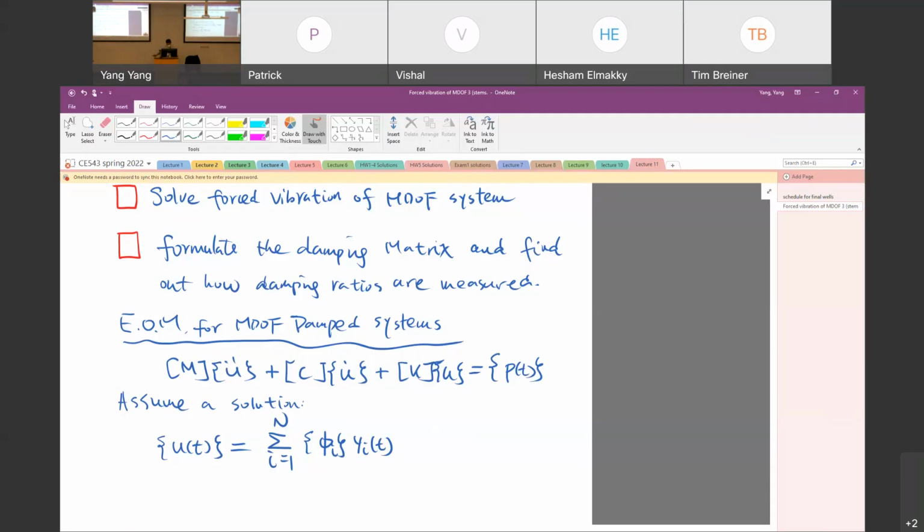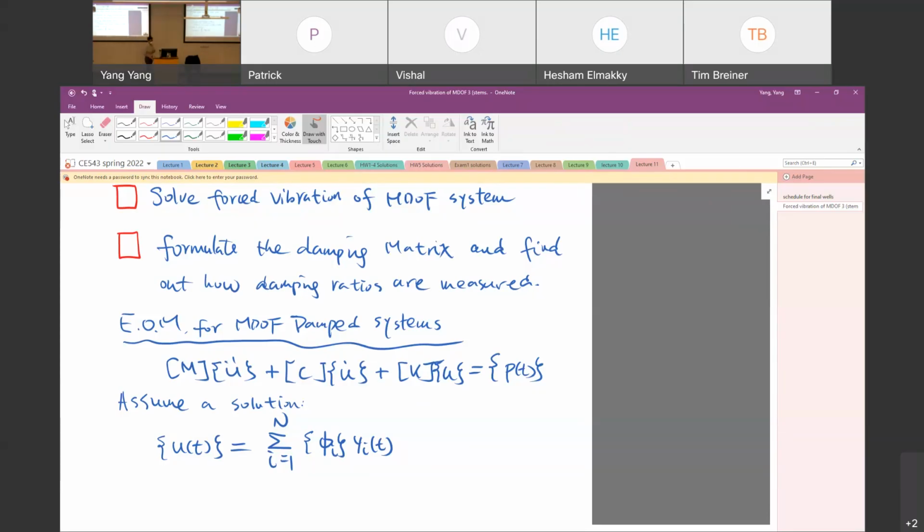So for example, if we have n degrees of freedom, the total number of mode shapes will be equal to n, right? So we should have n vectors, and corresponding to each mode shape we have the time-dependent response of the system, y sub i of t.